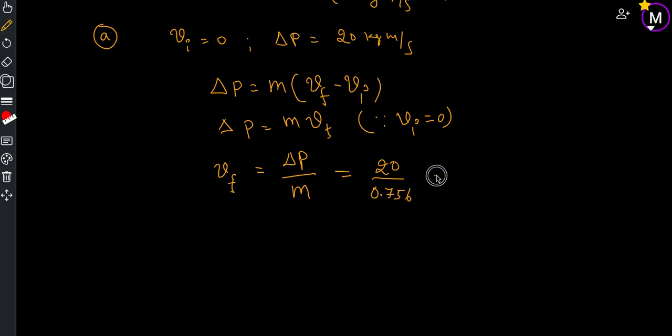If you calculate it, you will get 26.46. Since it is velocity, the units are meter per second.